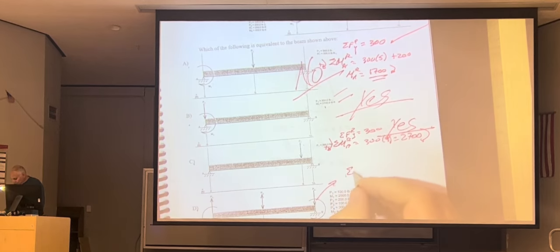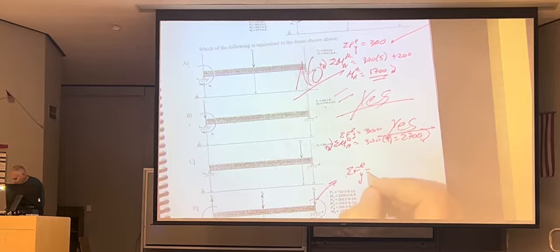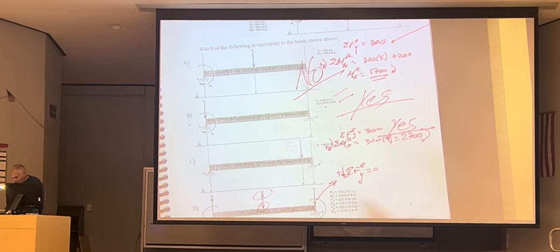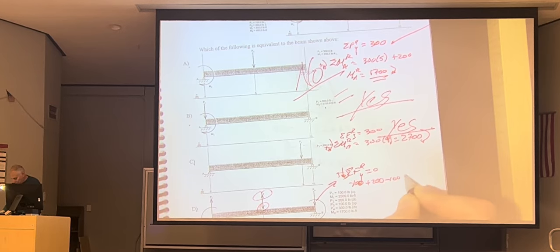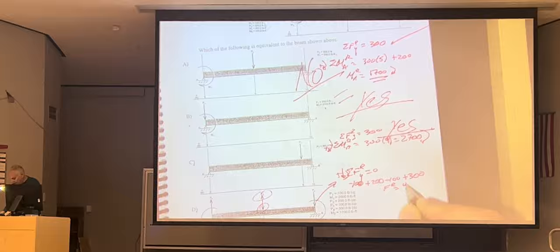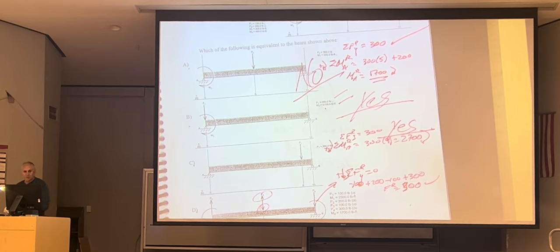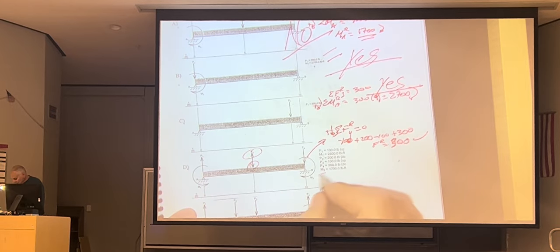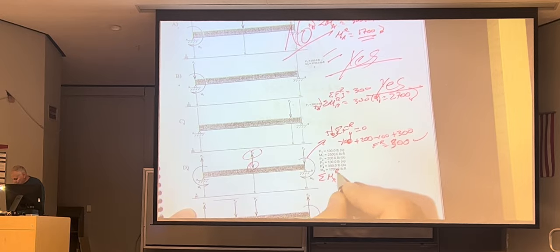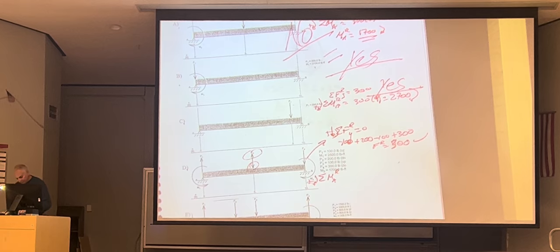Over here, sum of forces resultant Y equals, positive downward. This has a downward and an upward, by the way. That's going to be minus 100 plus 200 minus 100 plus 300. Single force resultant in the Y is 300. Okay, the forces are equivalent. What about the moments? Sum of moments about A resultant, clockwise positive.